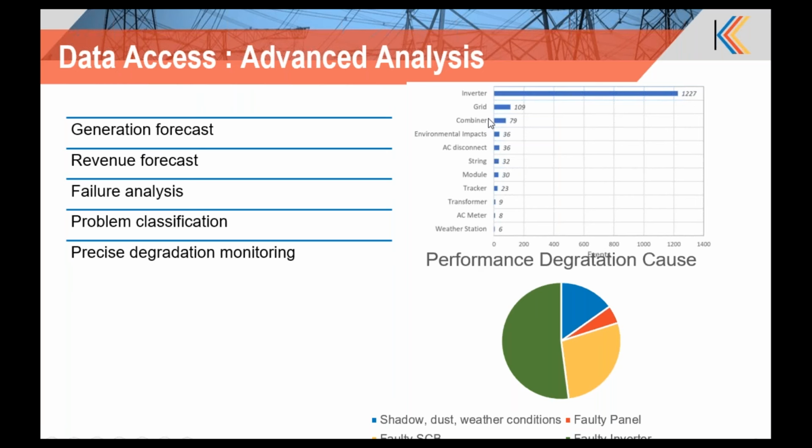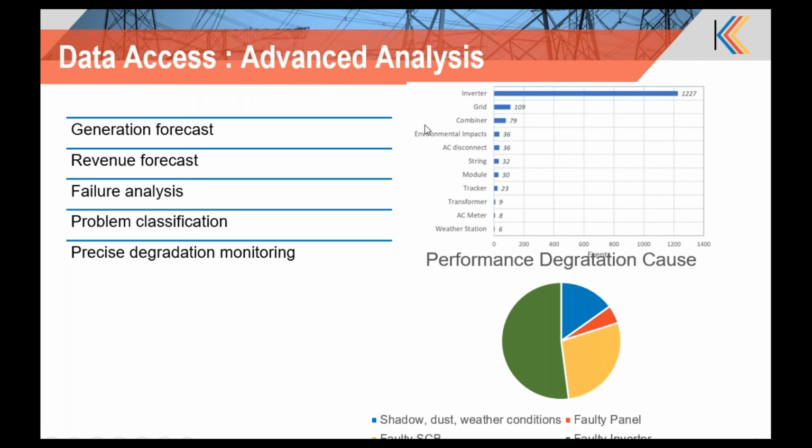In this example, you have classified the problems in terms of assets. Most of the problems or events reported for a particular site are on the inverters. That is, 1227 events have been recorded on the inverters. But for the grid side, combiner, DC disconnect and other things, the number of events is much lesser compared to the inverters.